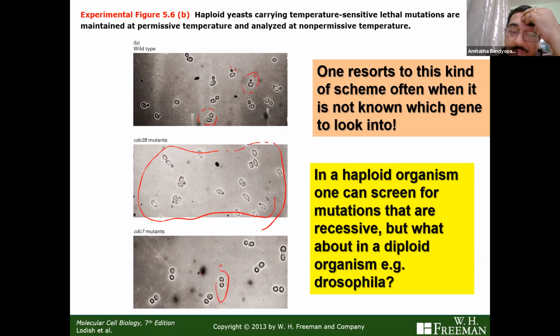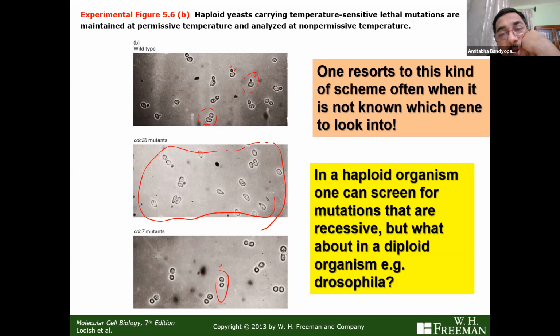Then we want to try the identification of the temperature sensitive genes in that mutant. In which mutant? You have already identified 50 mutants. Yes, sir. Now what will you do next?